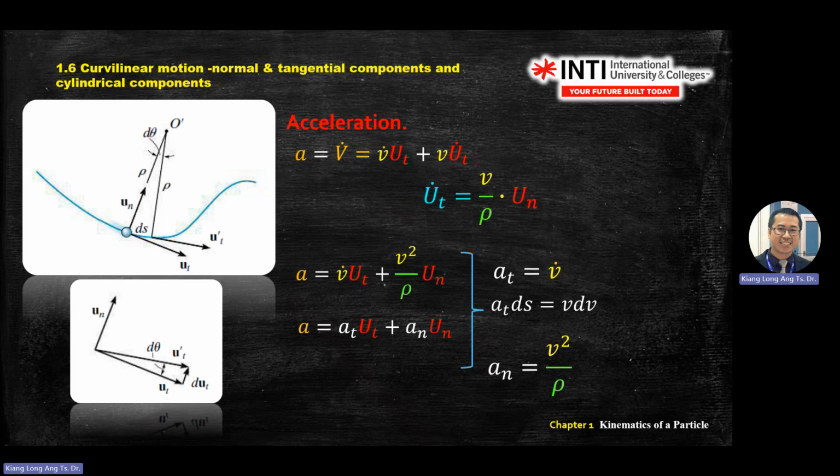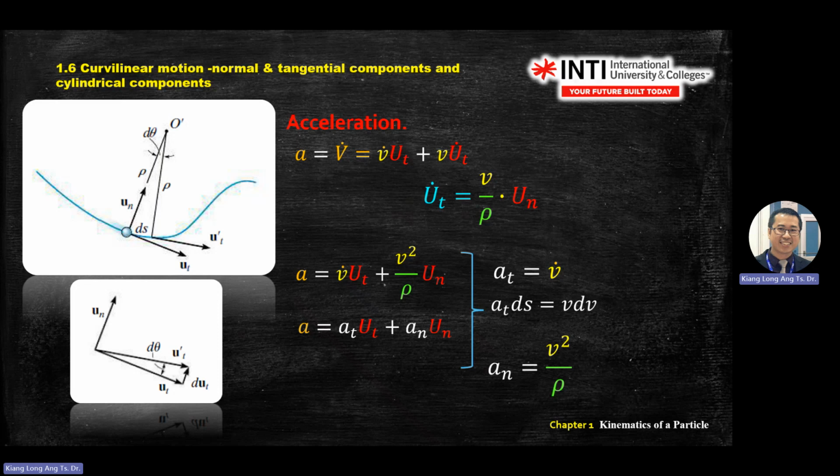You write this equation, then write another equation just to substitute the values. So what is A_T equal to? A_T equals V dot, which is dV/dt. This directly takes the velocity in the tangent direction and differentiates it with time.